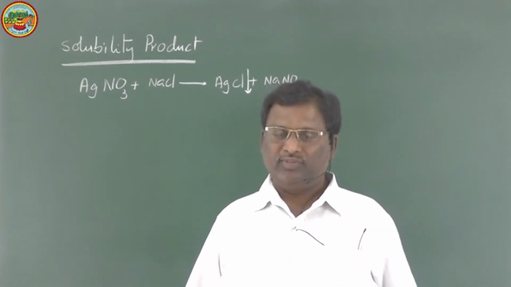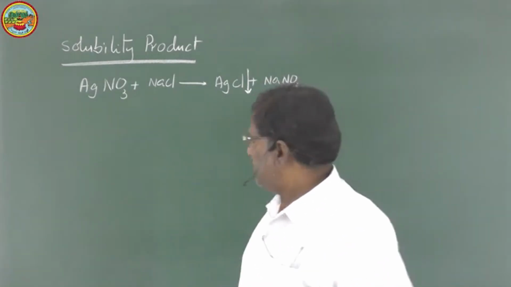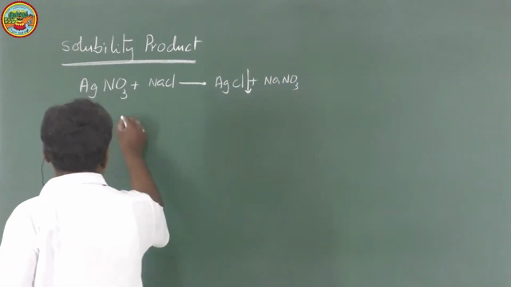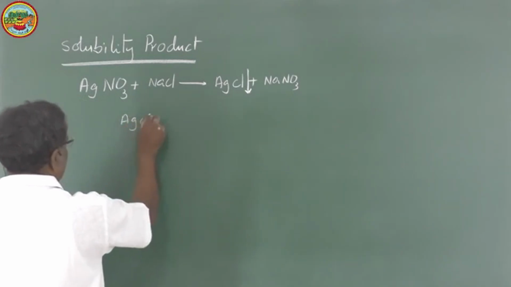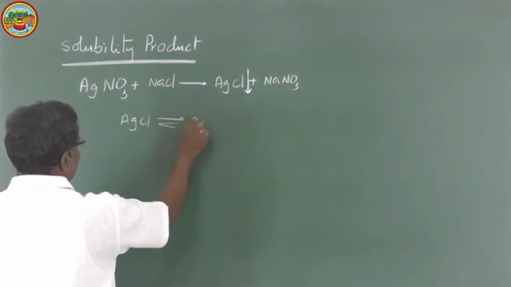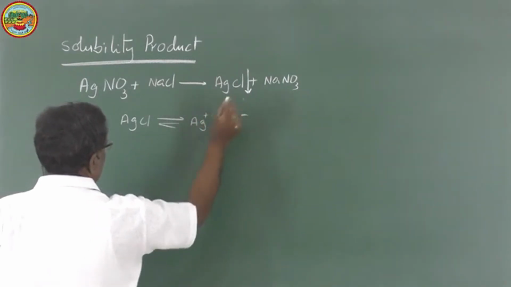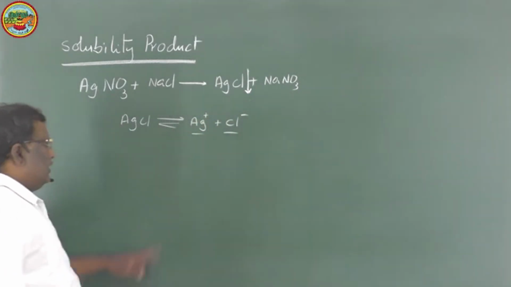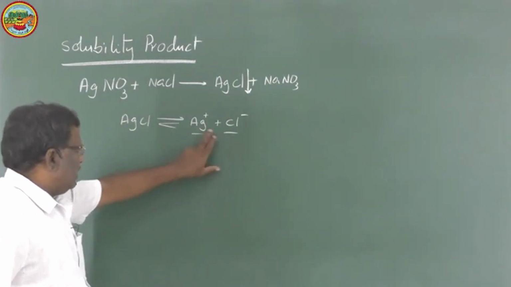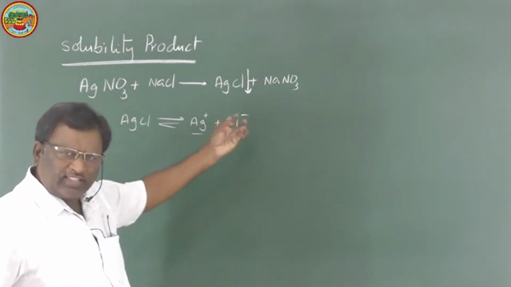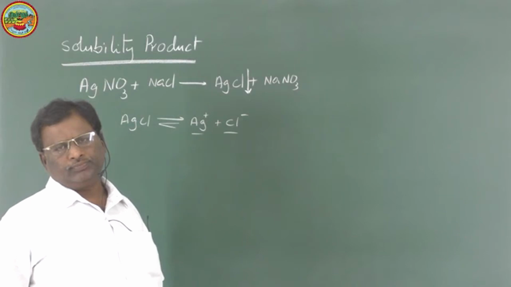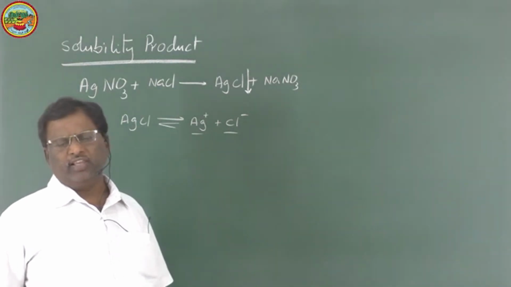Even this AgCl, when you dissolve it in water, is soluble to a certain extent. So here the concentration of ions in water is very small.